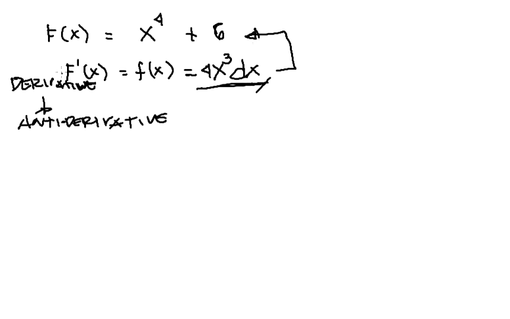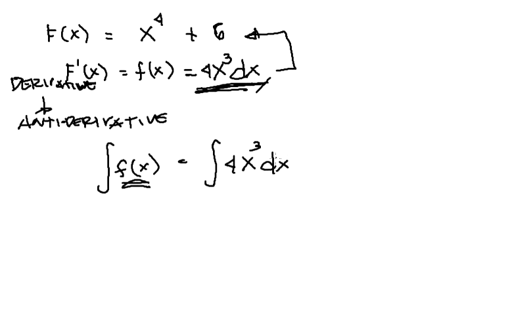We will go back to our initial function f of x, since the derivative and antiderivative are what? Opposite operations. So to take the antiderivative of the function f of x, antiderivative of 4x cubed dx. This is now your integrand.